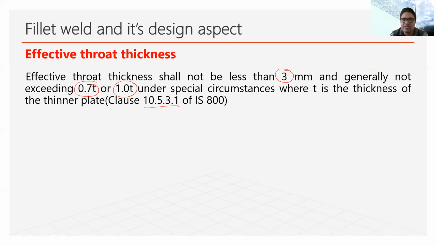This is a very special case, and we will not consider it. For the time being, we will assume that the minimum size as per the IS code is 3 mm, and the maximum size of throat thickness should not be more than 0.7 times the thickness of the plate. T is the thickness of the thinner plate. This also needs to be considered.